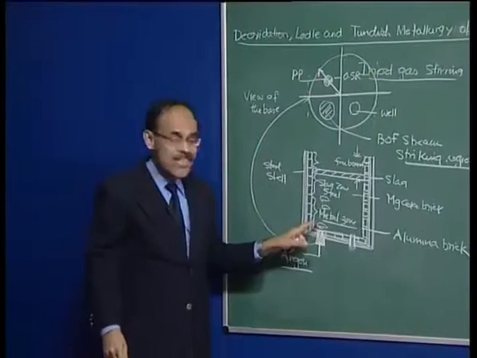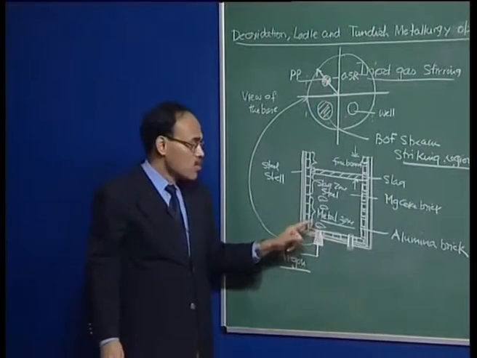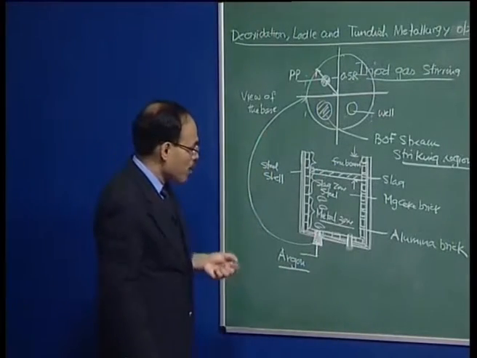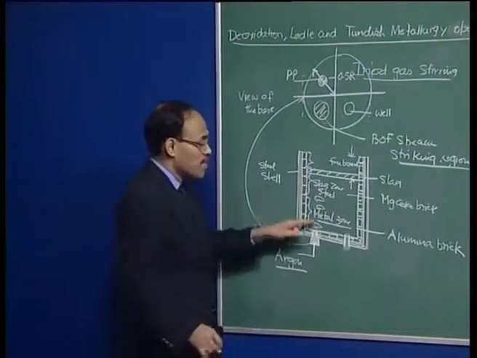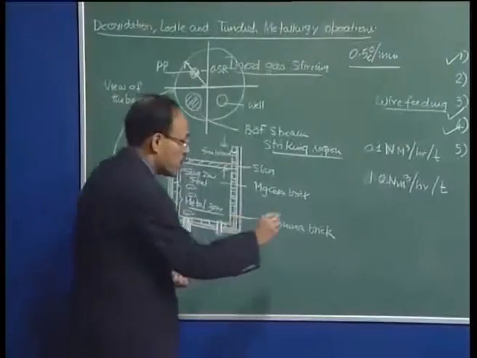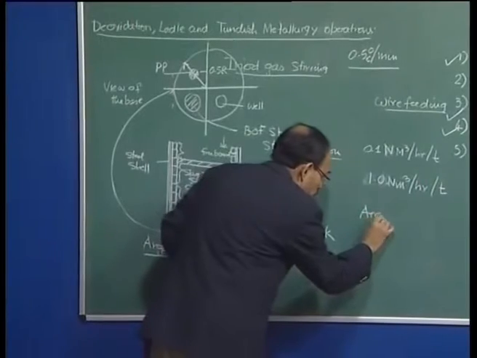In this case, the gas is lighter than steel, so as a result the gas rises through the molten steel because of its buoyancy, and this region we say is an argon liquid steel plume region.